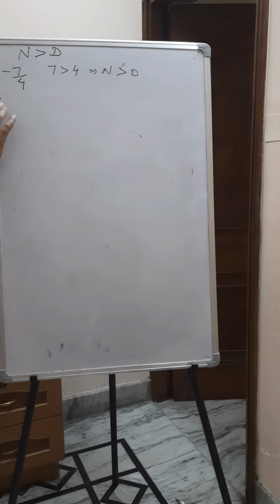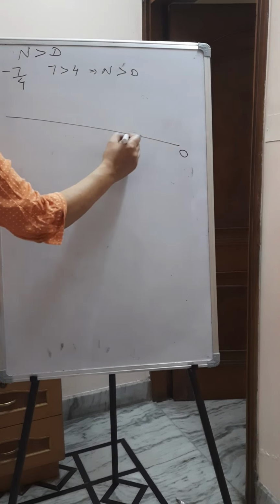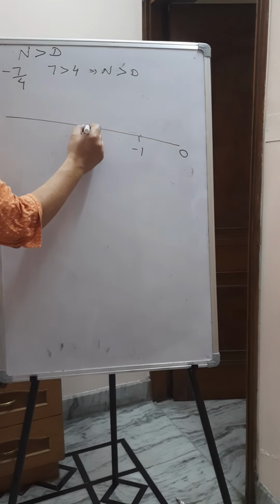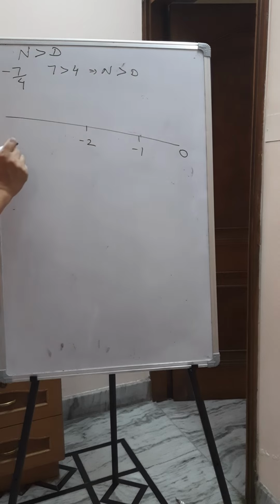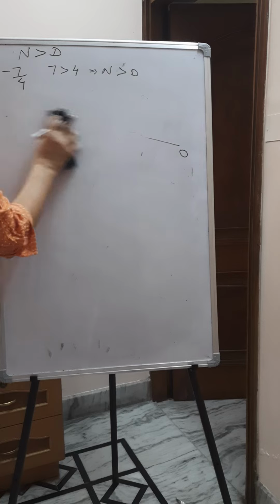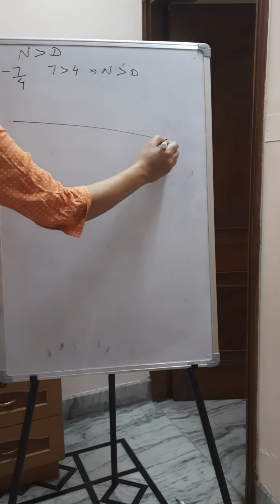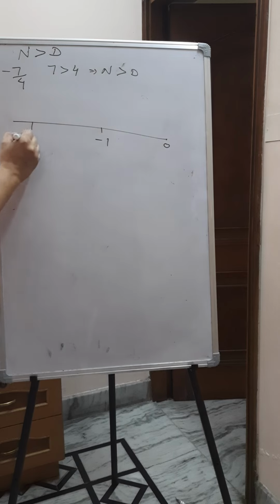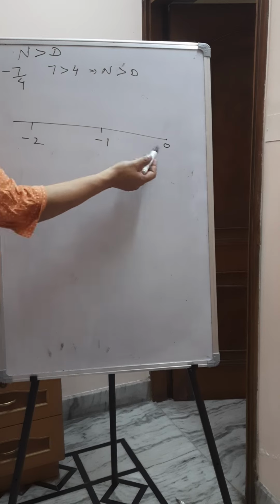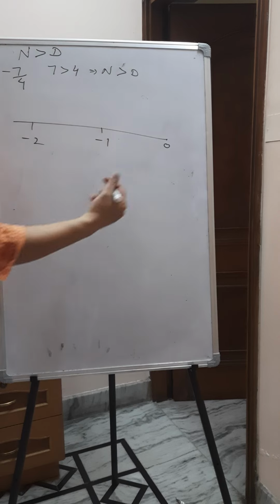The minus sign represents that you have to draw the negative side of the number line, that is 0 is on the right, -1 here, -2 here. As we are given the minus sign in the rational number in the question, we have to draw the number line on the negative side, that is towards the left hand side. 0 is on the right hand side.